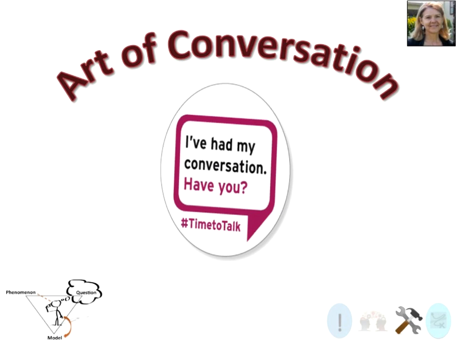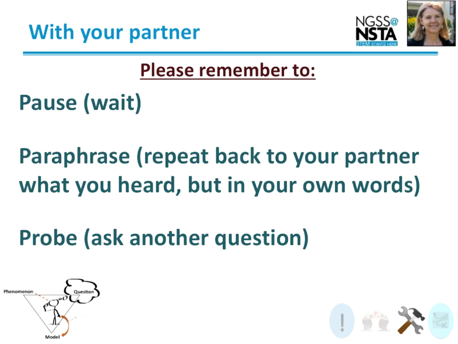So this first one is just the art of conversation, and this is just about how to talk with your partner, how important it is to, when you ask a question and you get that answer, to pause and to paraphrase back to your partner, making sure that you heard them correctly, and also letting them know that you heard them.